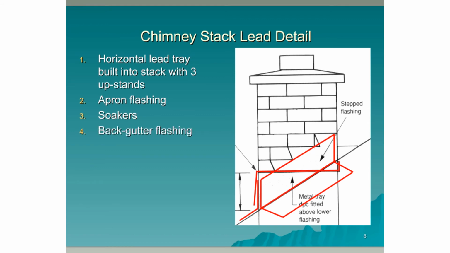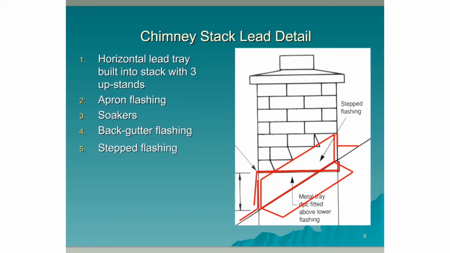The next one, number 4, is the back gutter flashing, and this is at the back of the stack. This must be supported by a timber fillet underneath the flashing in a small triangular shape there.